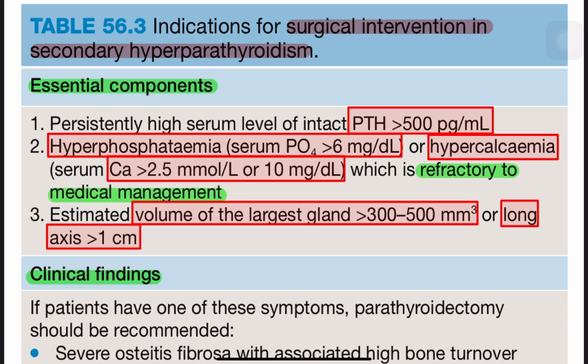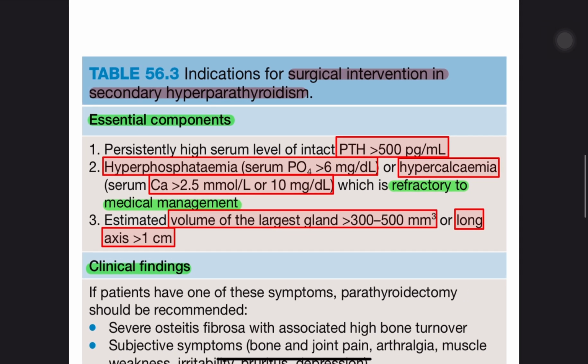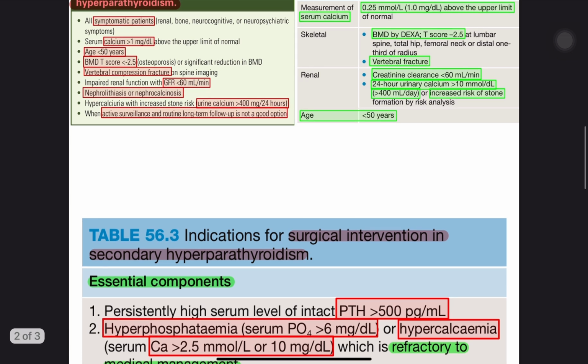So PTH level more than 500 picogram per ml, hyperphosphatemia, serum phosphate more than 6 mg per dl, or hypercalcemia, so serum calcium is more than 2.5 millimole per liter or 10 mg per dl. Okay, and refractory to medical management.